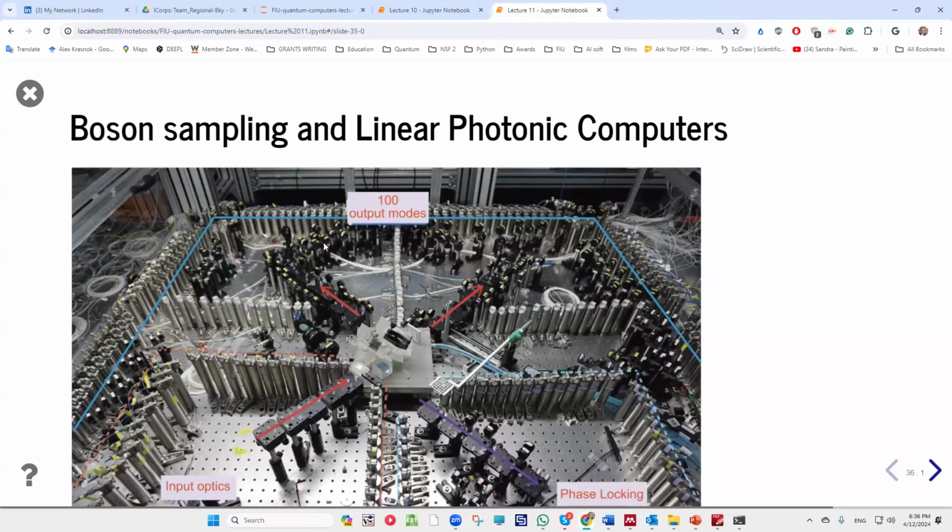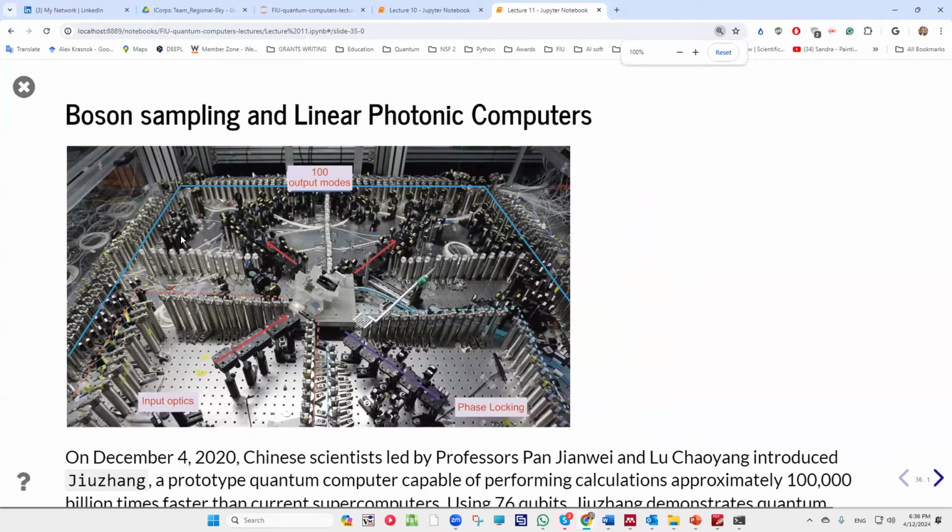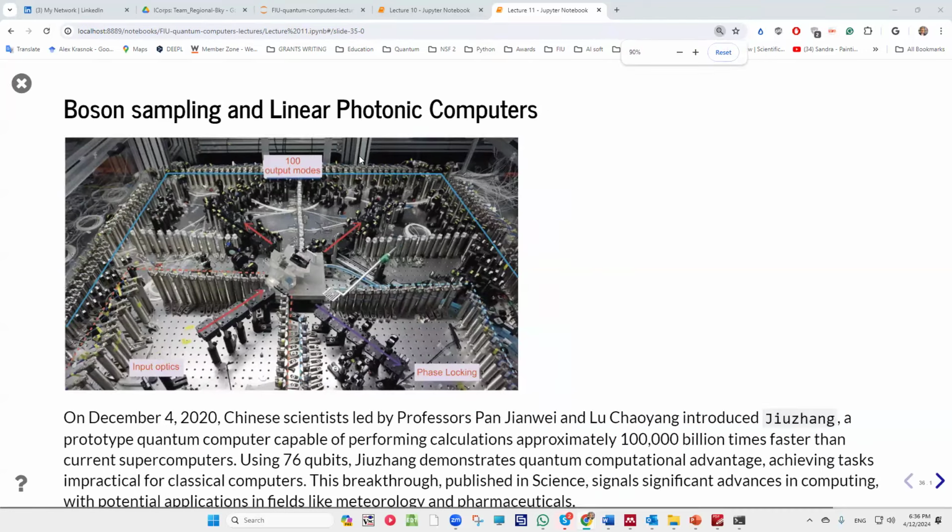Some of these elements are lenses, irises, and so on. Many different elements. There is an input here, and output that comes to the single photon counters arranged here. So this is how an optical quantum computer looks like.